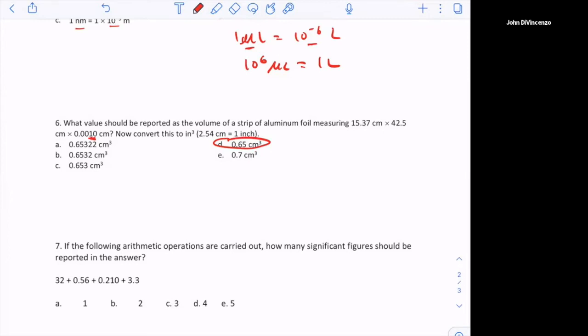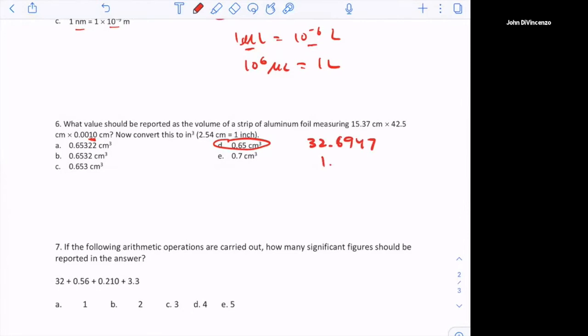Now, the example I was trying to come up with the other day, I think Megan was laughing at me because I couldn't think of an example, but here's the one I was looking for. The reason why we don't use the same rule for addition and subtraction. Let's say we were adding up all these numbers: 32.6947 plus 1.312 plus 0.006.